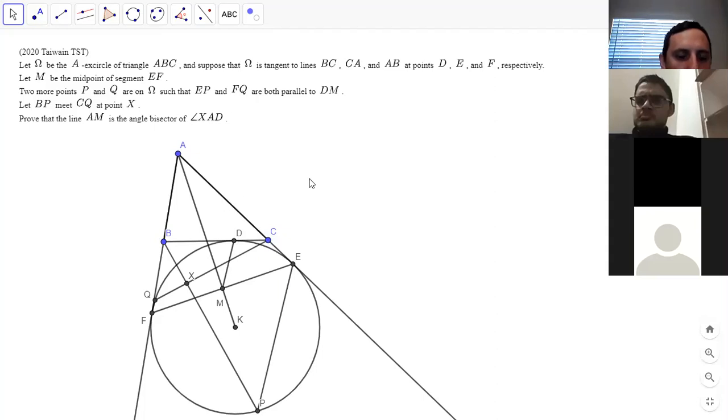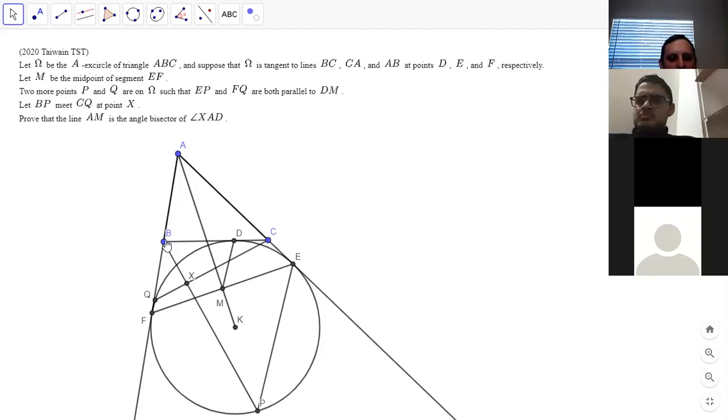But I think it would be hard to use the isogonal line lemma because BX and CD meet at B. And BD and, actually, so we would have CD and BX, and then we would have BD and CX.